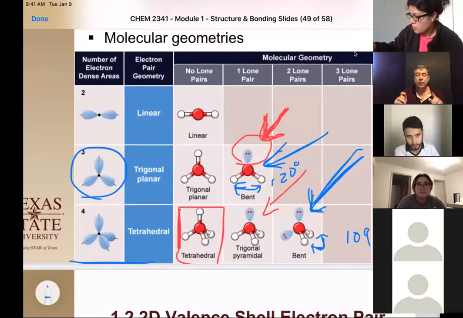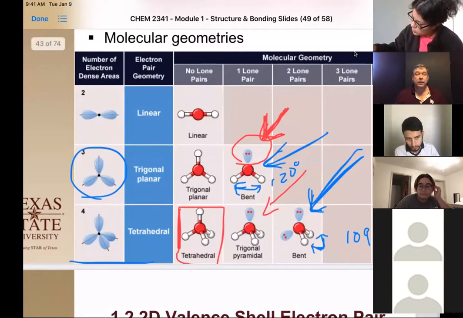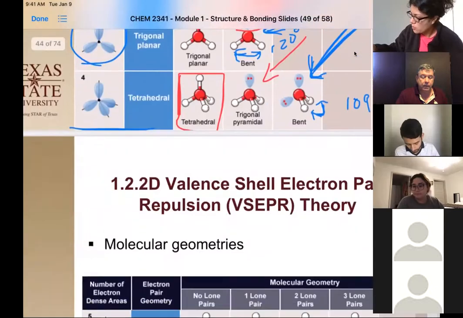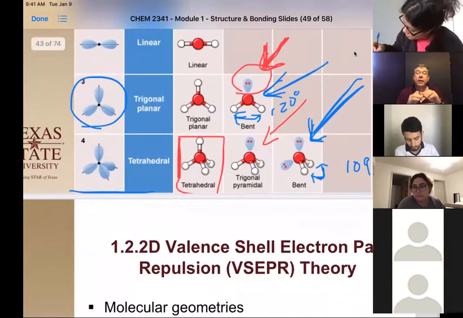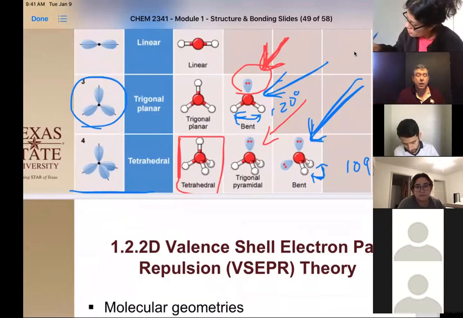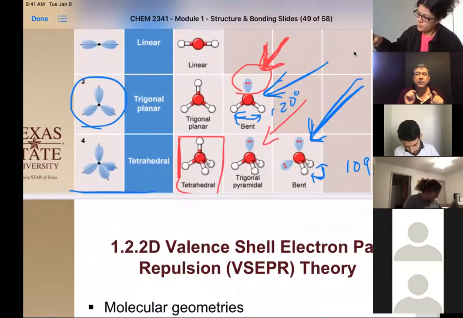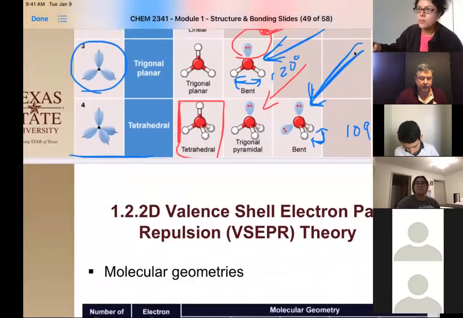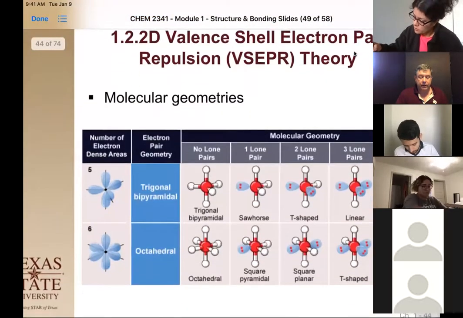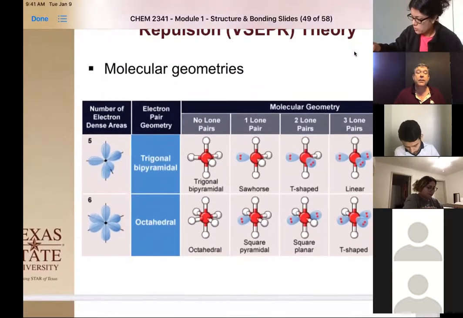Okay, so what if we have more electron areas? Most of the time when we're dealing with things in that group 2 row, the carbon, hydrogen, nitrogen, oxygen, we'll see things that have this tetrahedral electronic structure. And we'll see why that is in a little bit, okay? For some other things like sulfur and phosphorus and a lot of metals, what we'll end up with is adding another electron domain to give us 5 electron domains.